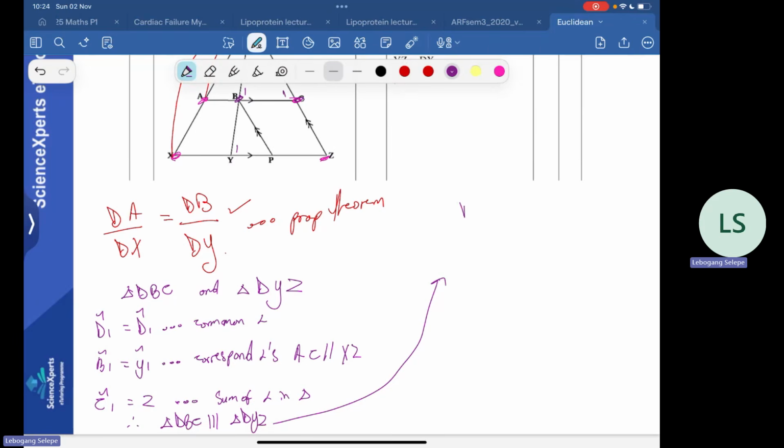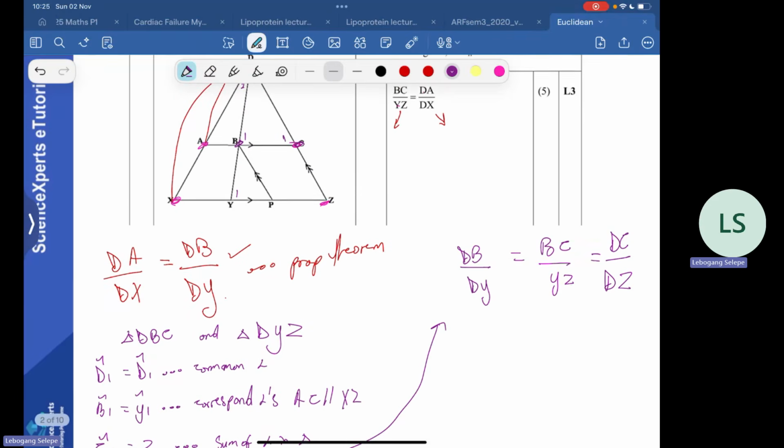So I can go DB over DY is equal to BC over YZ, and also take the first and the last letter in this triangle divided by the first and the last letter in that triangle is equal to DC over DZ. Yeah?